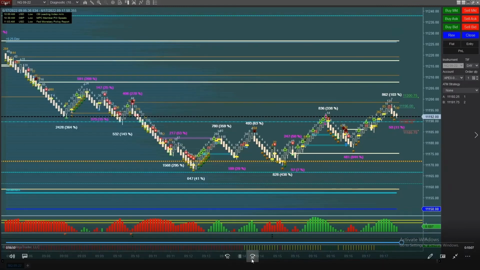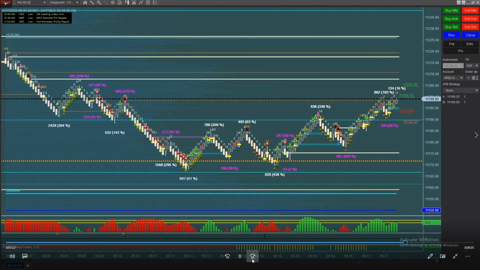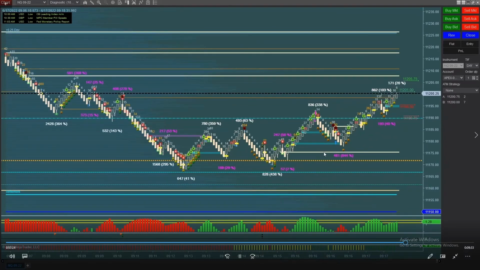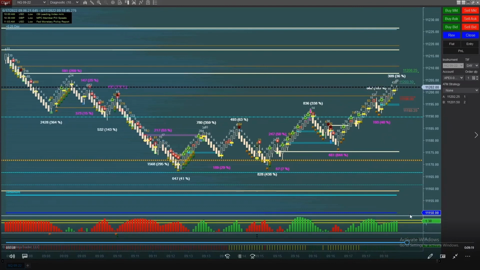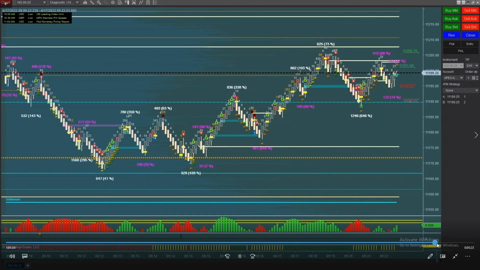And let's see where it goes. Now it looks like it's trying to just head long. Yeah, see? And there we go. That was my only trade that day. And it was 9:18, 9:20 at this point, which that's about the time I stop because the market opens in about 10 minutes.